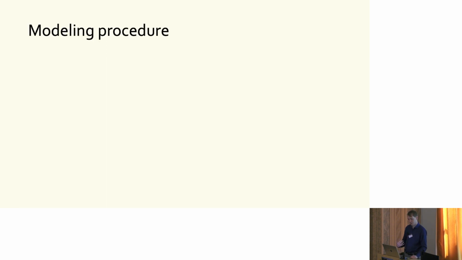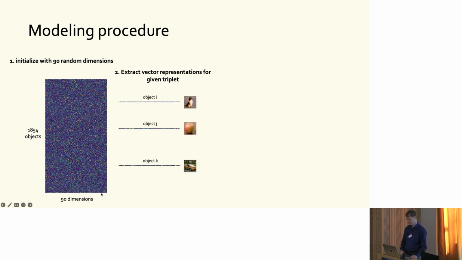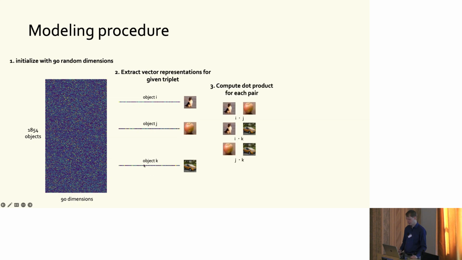Okay, so what we're then doing is really straightforward. Essentially, for our different objects, we are initializing our model with 90 different dimensions. 90 is just an arbitrary number. And now we're extracting, for a given triplet that we've sampled, the vector representations for these 3 different objects. We are then, for all pairs of objects, computing the internal measure of similarity as the dot product between them.